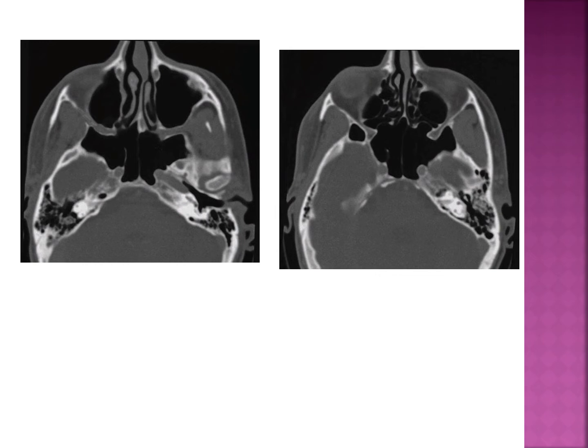This is an axial cut CT scan showing the maxillary sinus and the nasopharyngeal recess on the left image. On the right image, the ethmoid sinuses, the maxillary, and the nasopharyngeal recess can also be viewed.